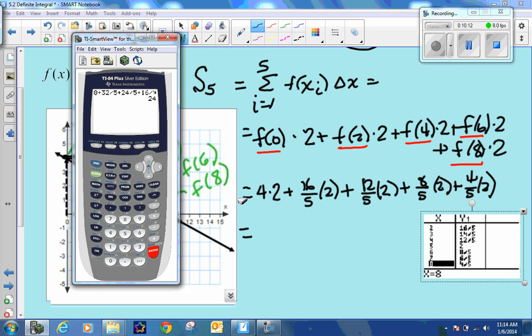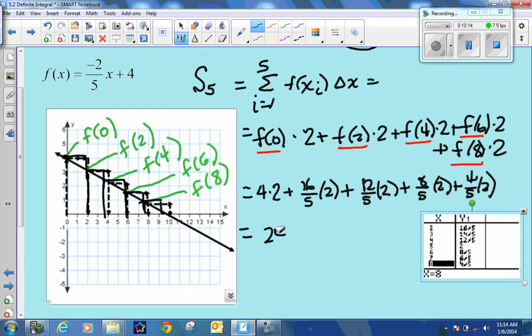Okay, it's 24. Now remember, we were supposed to have 5 rectangles. So there's 1, 2, 3, 4, 5. You always just double check. So we get 24. Okay, so that's the area of the sum.